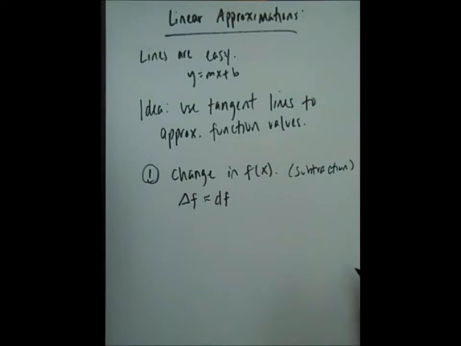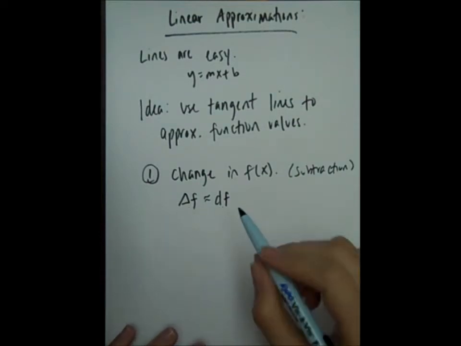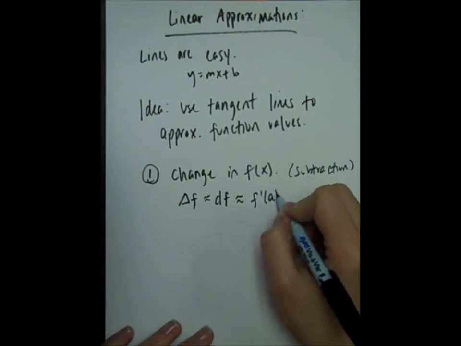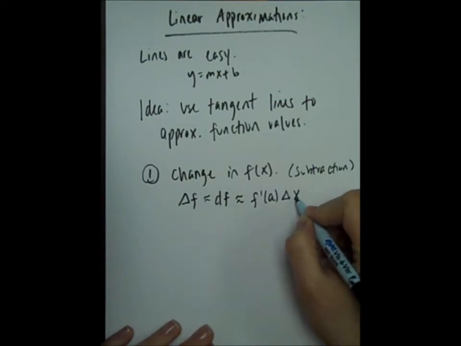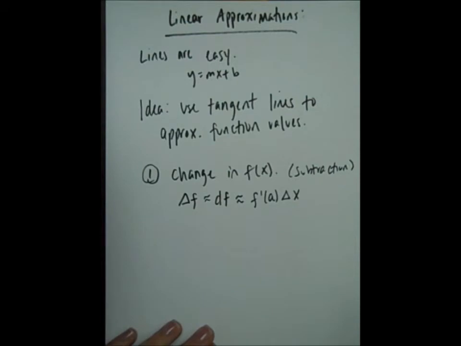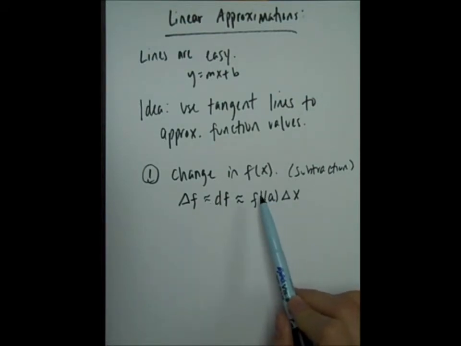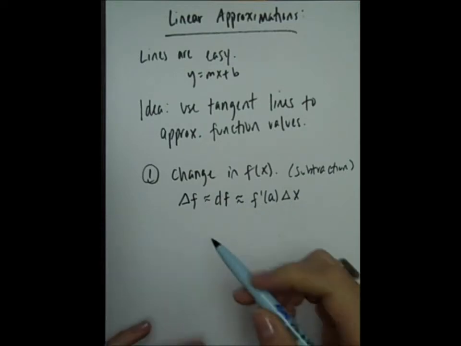You'll see it both ways. What this means is a change in f. We're going to use that it's approximately f prime of a number times delta x. So whenever a problem talks about the change in f of x, we use the fact that the change in f of x is approximately the derivative times the change in x.